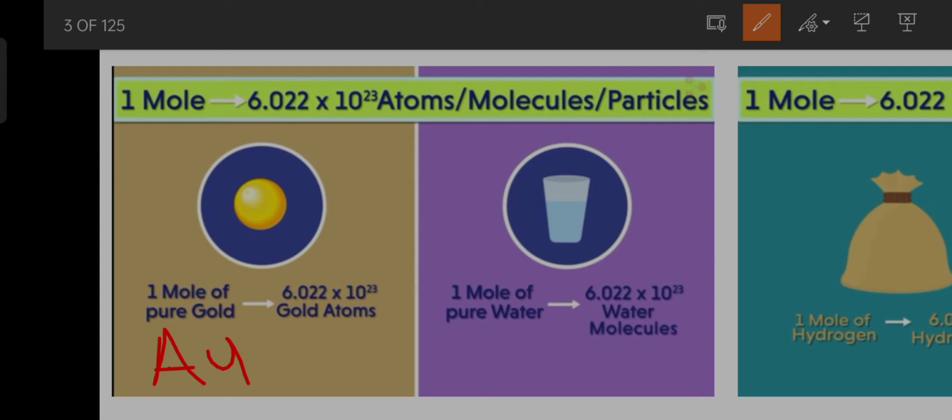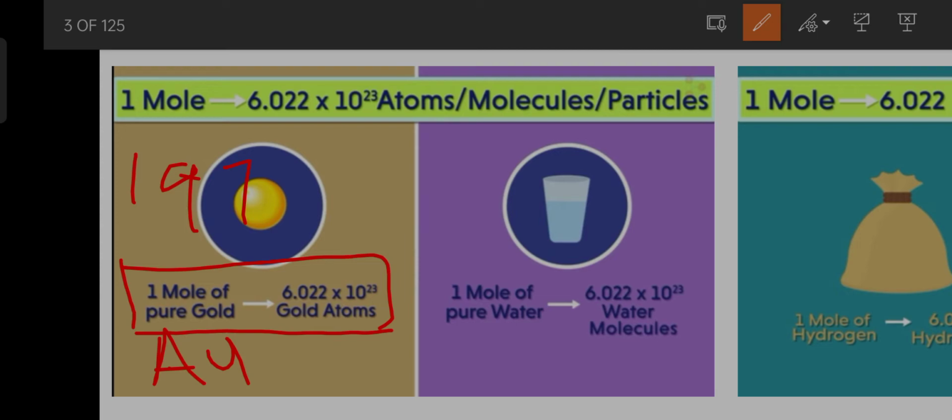And when we consider the relative atomic mass of gold, it is 196, but in 1 mole, the number of atoms is 6 multiplied by 10 raised to power 23, right? So let's compare gold with 1 mole of pure water.